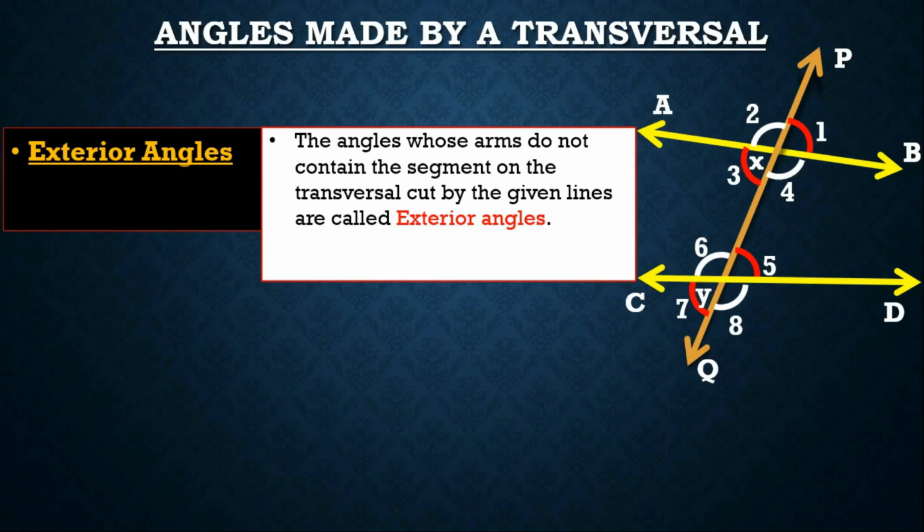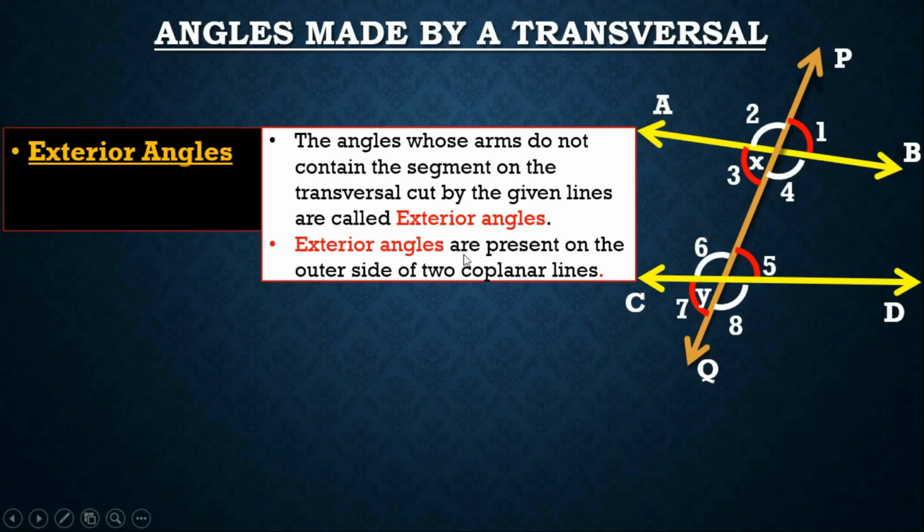Now consider angle PXB. This angle PXB does not contain a segment XY, right? And this angle PXB is formed by the transversal line and also a coplanar line, and hence angle PXB is an exterior angle.